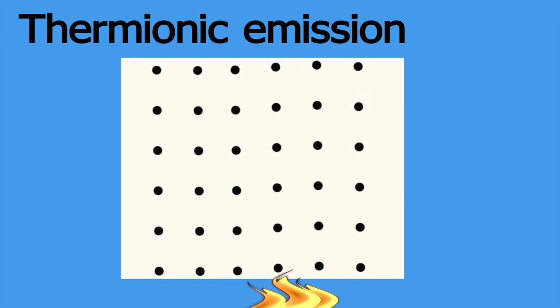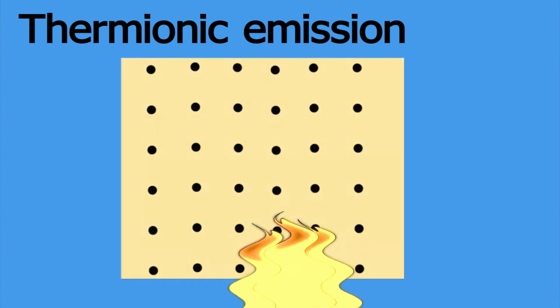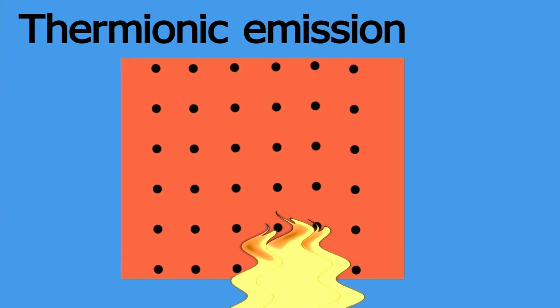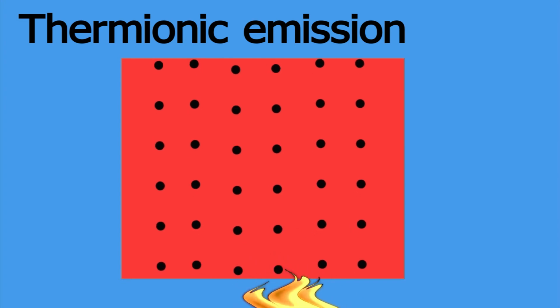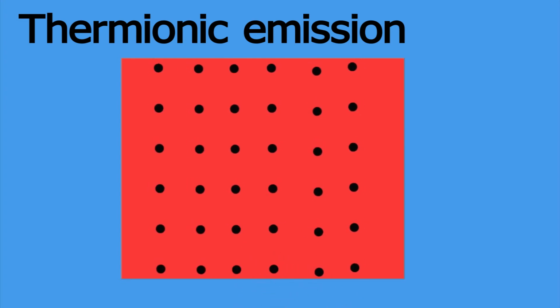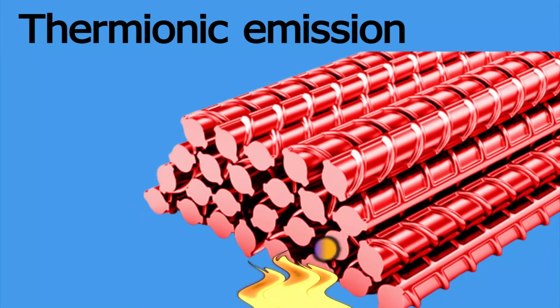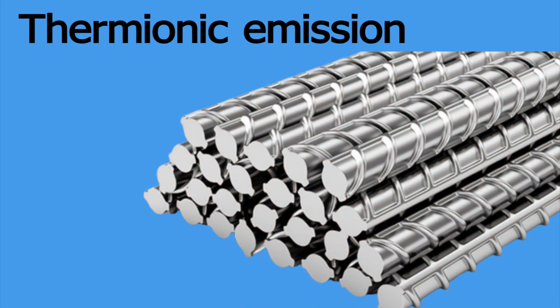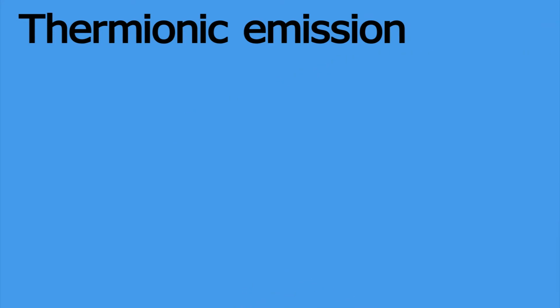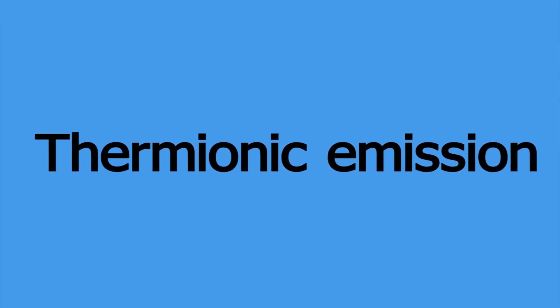When we heat a substance, the heat energy is absorbed by its particles, which gain energy and are further excited. When a metal is heated, its free electrons get sufficient thermal energy, which may be enough to overcome the surface barrier. Once this energy is just enough, the electron escapes from the surface. This phenomenon is known as thermionic emission.